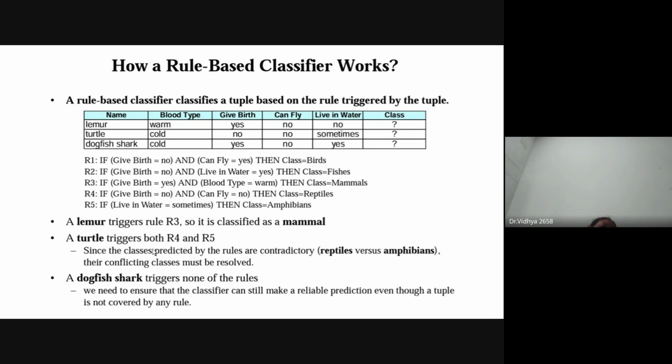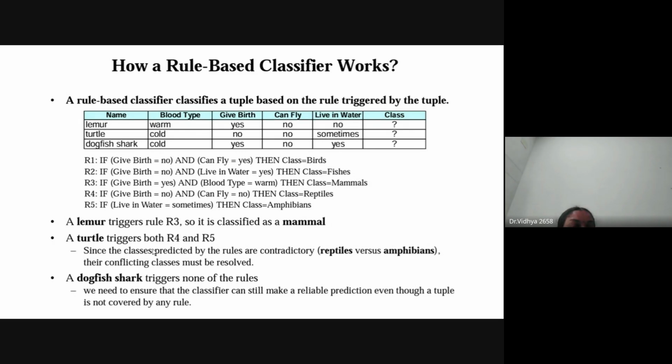So here we have: if give birth equal to no and can fly equal to yes, then we can say that that particular class is bird. Similarly, we can develop the condition for different applications, and we have to test our conditions.